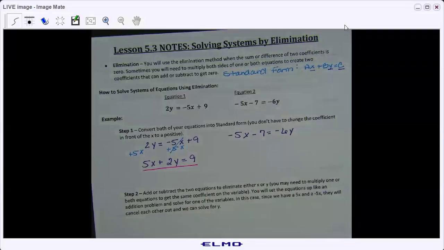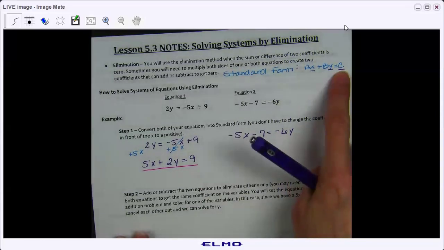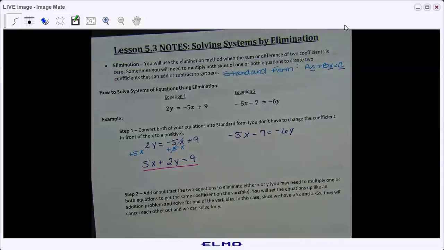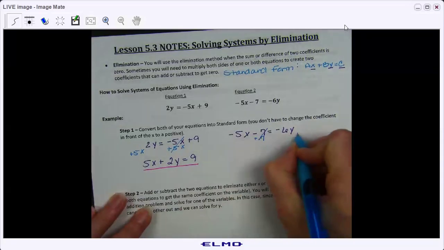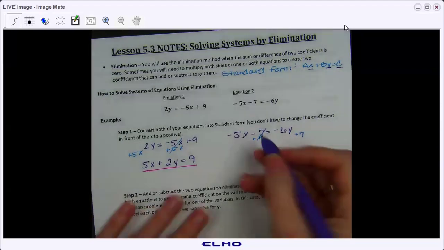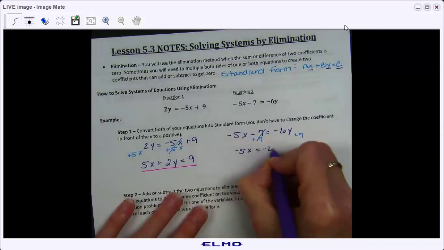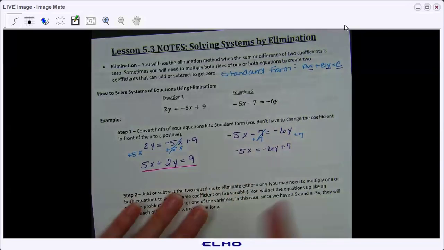Okay, we need to do more than one movement here. We need to move our negative 7 over. That represents C, the term without a variable. And then we need to move negative 6y over here. So the first thing I'm going to do is move negative 7 over. We still need our x and our y on the other side, so on the left side.